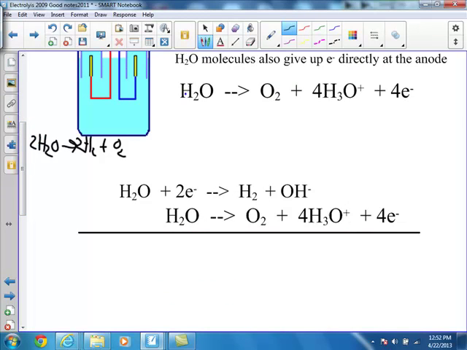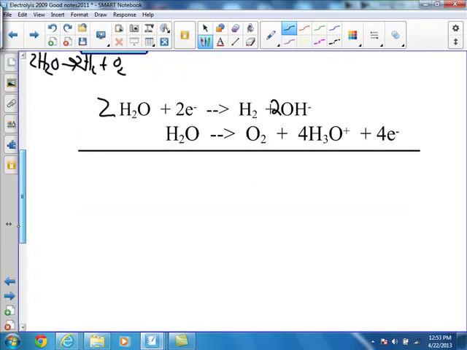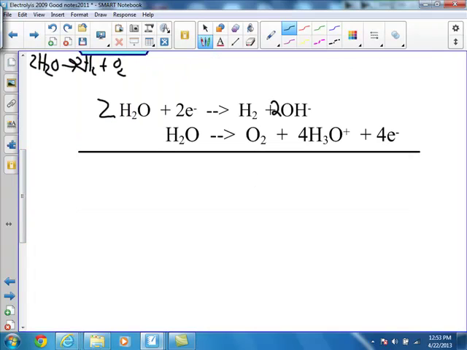So if we take these two half reactions, by the way, this should have been a 2 here, and there should have been a 2 there. If we take these two half reactions and add them together, before we add them together, we're going to have to balance the electrons.